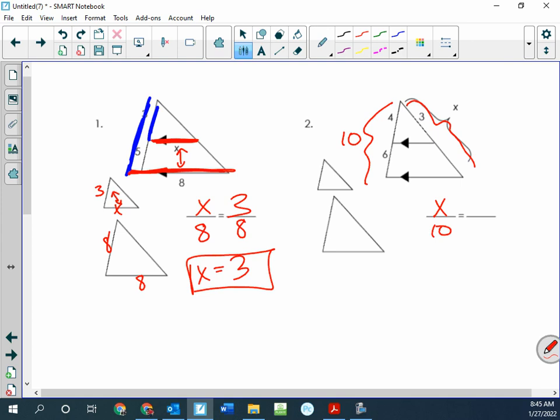So we went full side to full side, right to left. So we need to match that up with something else that's going right to left. We go right to left on this side, we need to go right to left. So what could that be? 3 to 4. Yes.